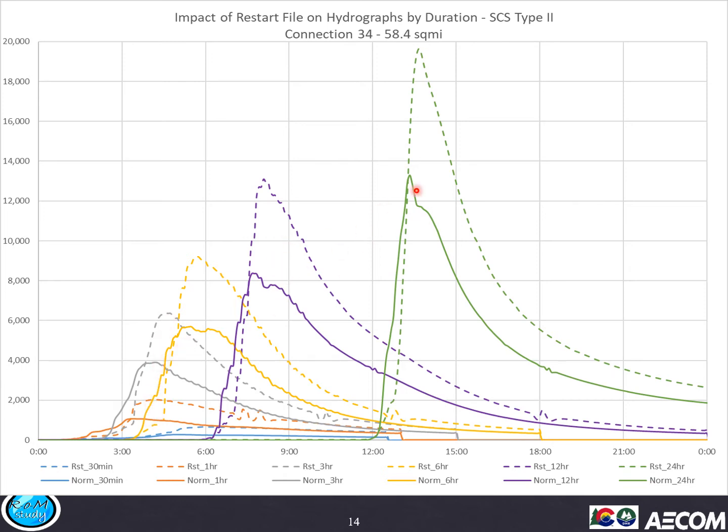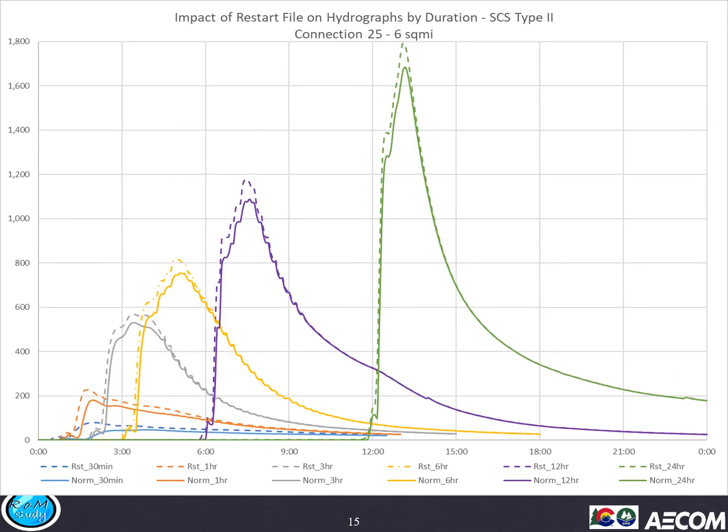And then when we get to some of the larger events, it's still a significant portion, maybe almost even a third. So the takeaway here is that the natural watershed storage can be very significant in larger drainage areas, and for briefer durations in particular. So let's take a look now at the effect of the restart files on a smaller drainage on the next slide.